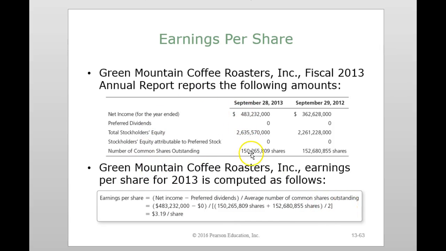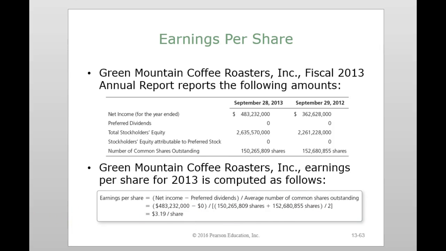You take the beginning shares and add the ending shares and divide by 2 to get the average. As you can see here, we don't have any preferred dividends, so we take the full amount of income minus 0 and divide it by that average to come up with $3.19 per share. Very easy to do.